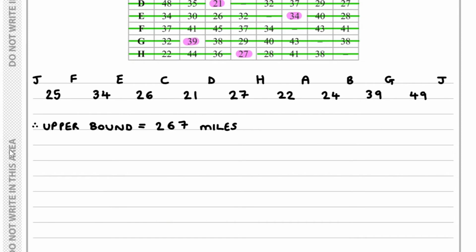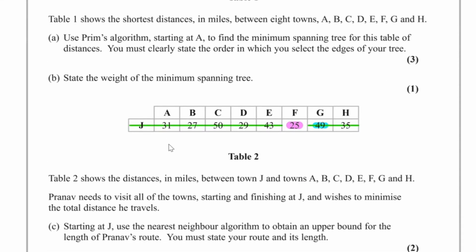So for part D, for the lower bound, we have the 183, which we found from part A, and this was found using Prim's. And then we need to add on the two shortest values from J. So what I need to add on here are the two smallest values.